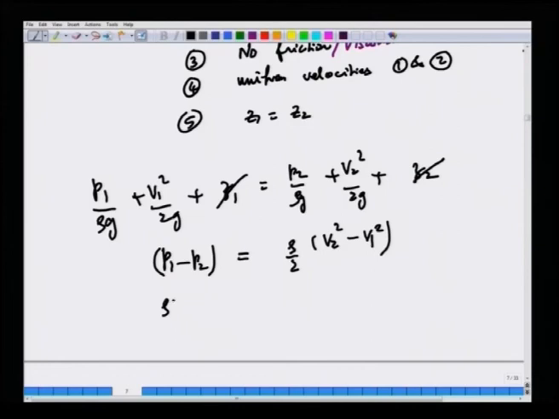Now, if you use the continuity equation, the mass balance equation, rho1 V1 A1 = rho2 V2 A2. Since the fluid is incompressible, density is constant, so you can cancel it out. So, V1/V2 is simply A2/A1.